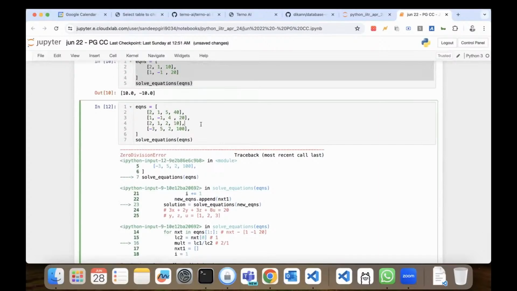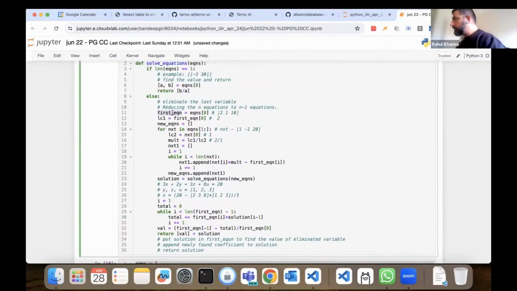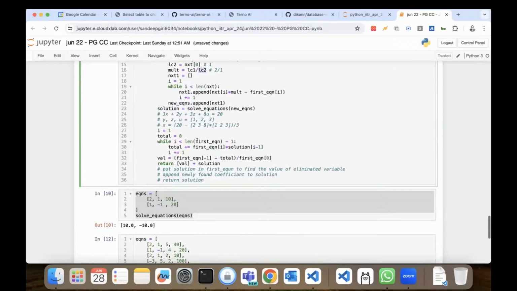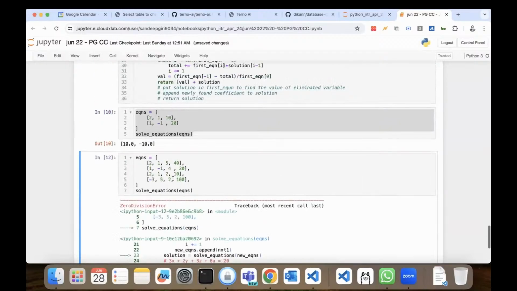I'll come back to this one again. So what we'll do is we will try to pick where the 0th value is. See, what's happening is this LC2 is 0 in this equation, right? If LC2 is 0, then there'll be a division by 0. That's what is happening.